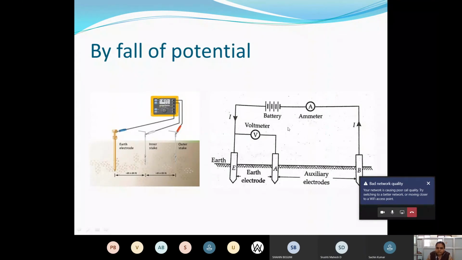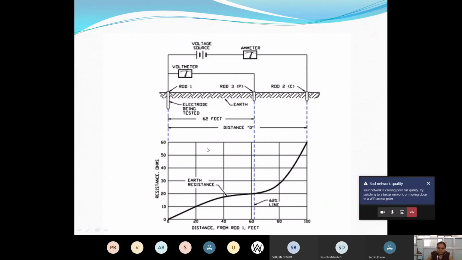Okay. This is the construction. Then we are going to check the same thing. Here one more construction is taken. First, at the position of the electrode towards the earth electrode, it's starting, it will be the resistance value.